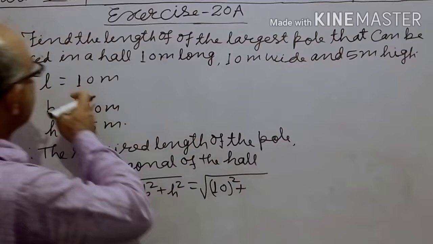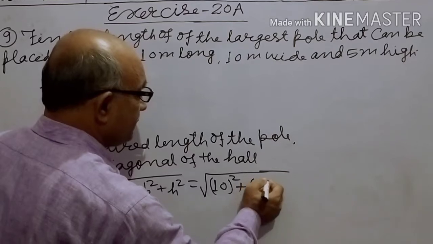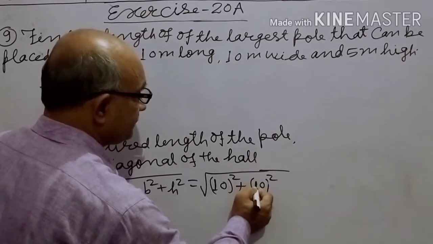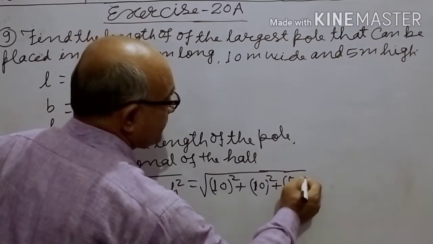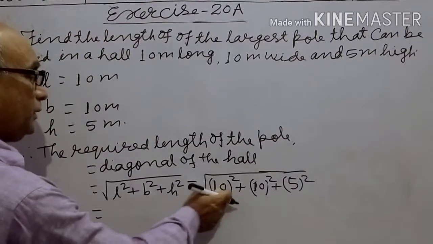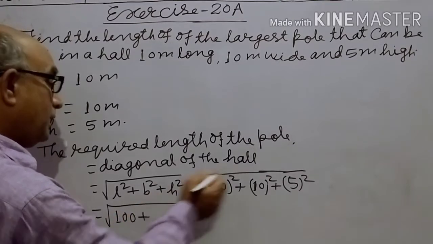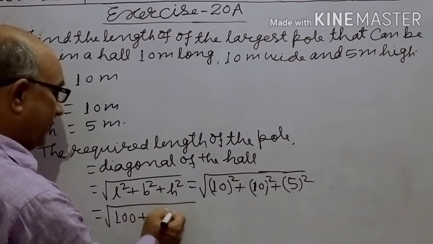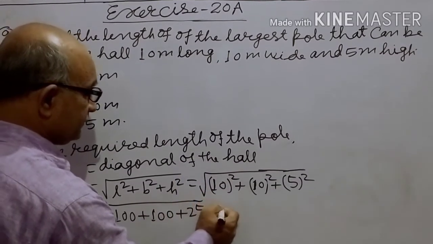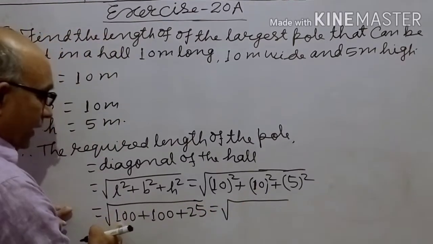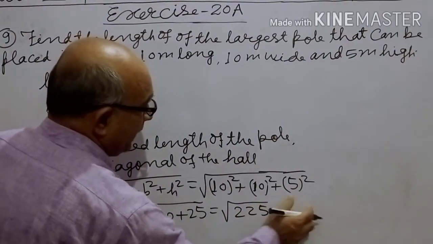10 square, length is 10 meter, plus breadth is also 10 meter, so 10 square, plus height 5 meter, so 5 square. 10 square means 100, plus 100, plus 5 square is 25, equal to 225.